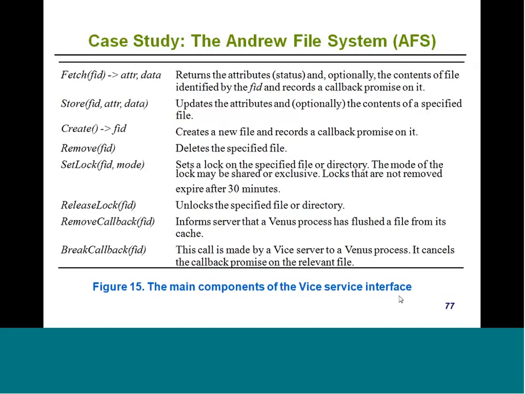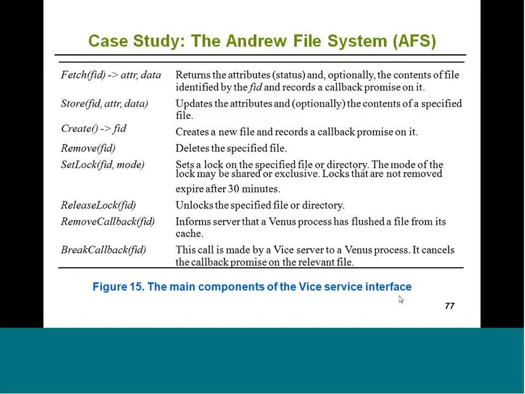Then there is another command called create that returns a file ID. This creates a new file and records a callback promise on it, and then sends this file ID to the requesting process. The remove command with a file ID removes a specified file, and then we have set lock with a file ID and mode.